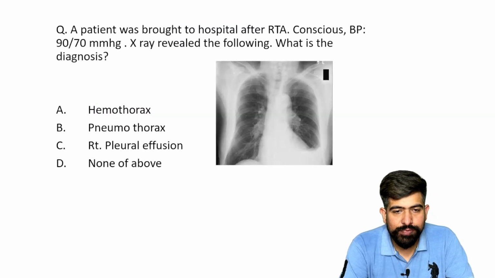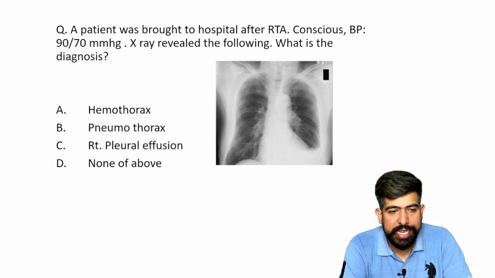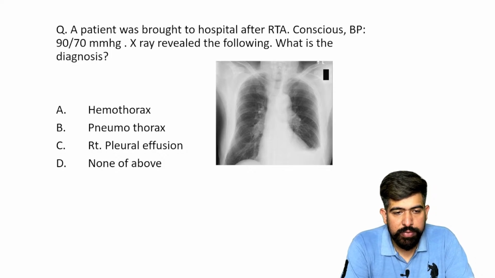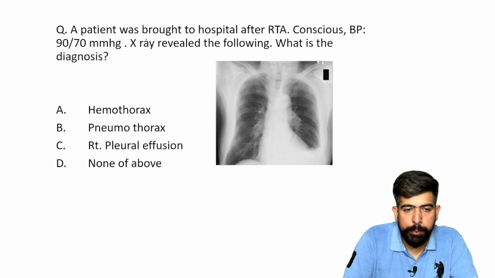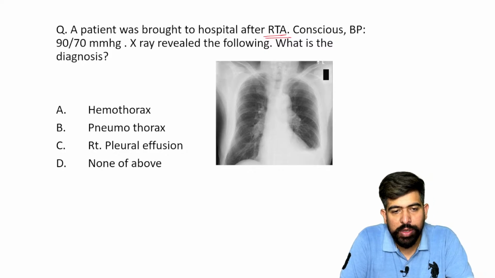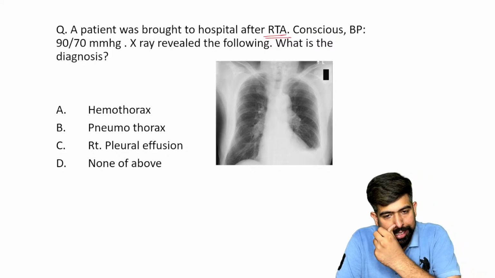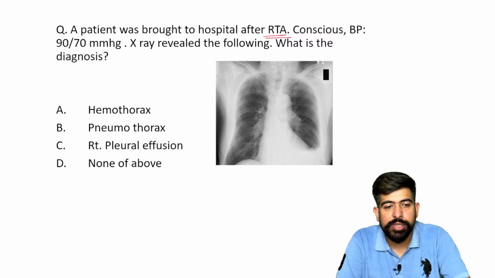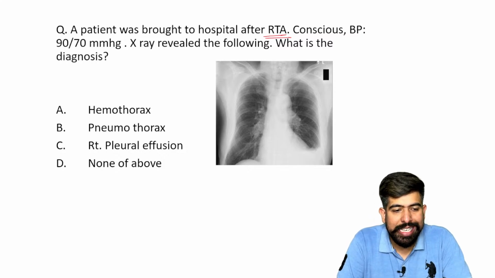Now the question is a very classical picture, and they are giving you hints also. The patient was brought to the hospital after an RTA. First of all, whenever you see an MCQ, please try to find the keywords.